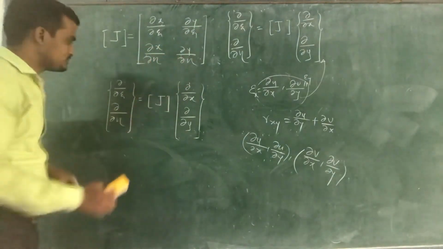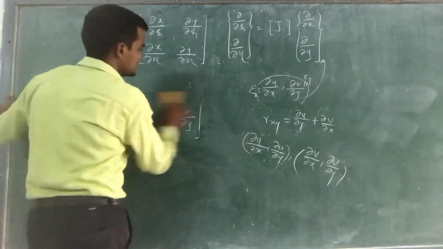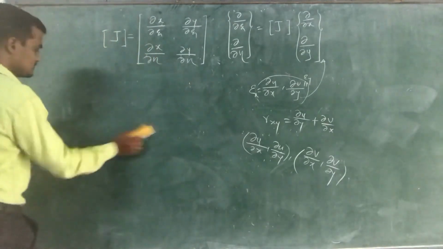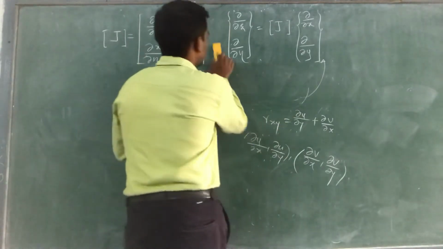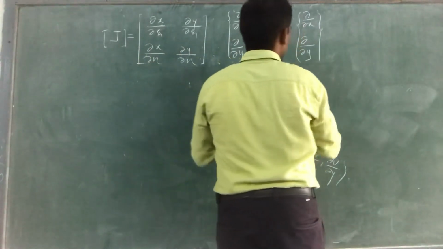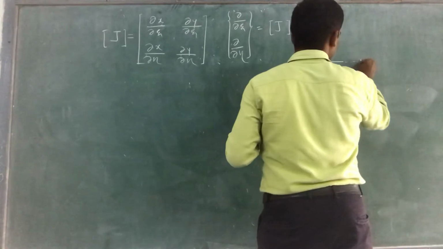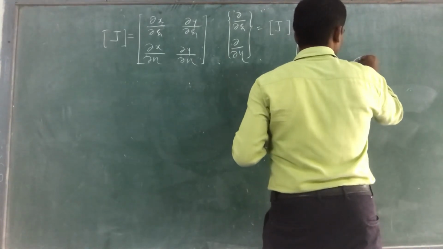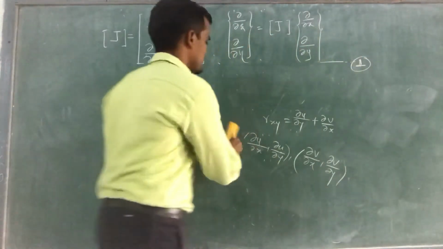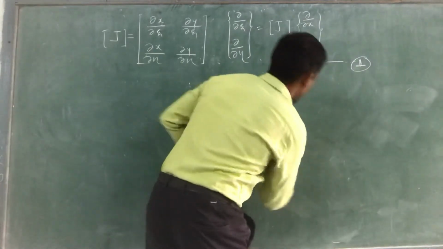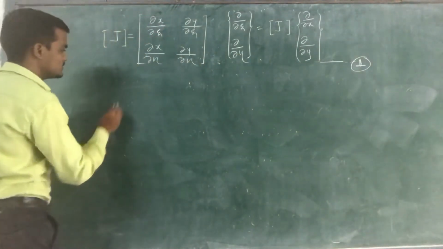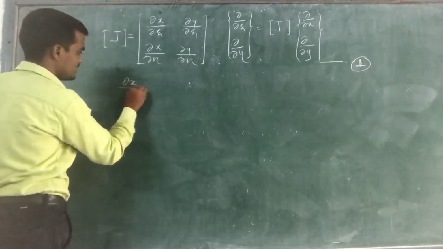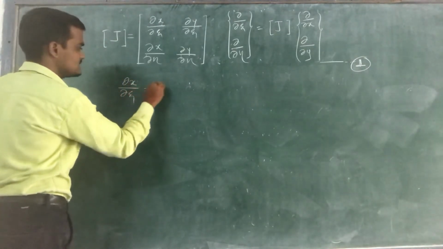Okay, so here we will see this first term only. Let us suppose this is equation 1, because we need this equation for our further treatment. Okay, so how to determine this ∂x/∂ζ?